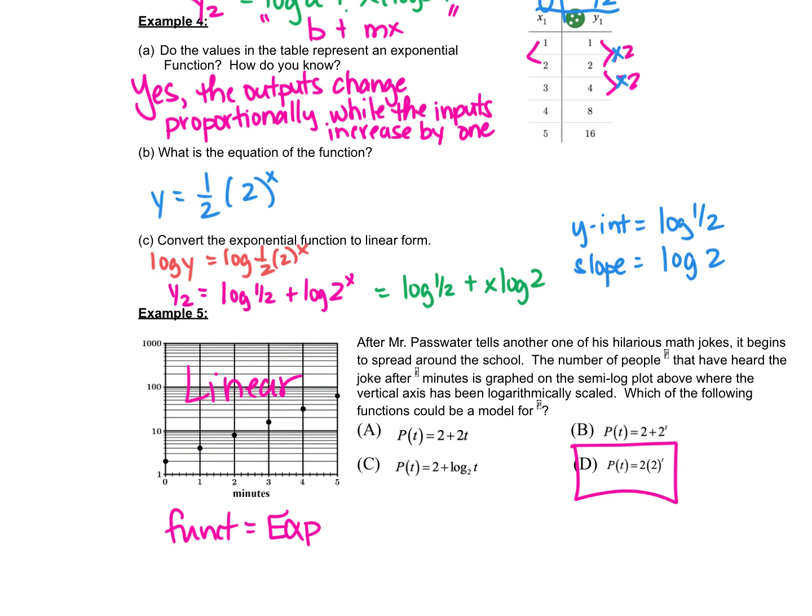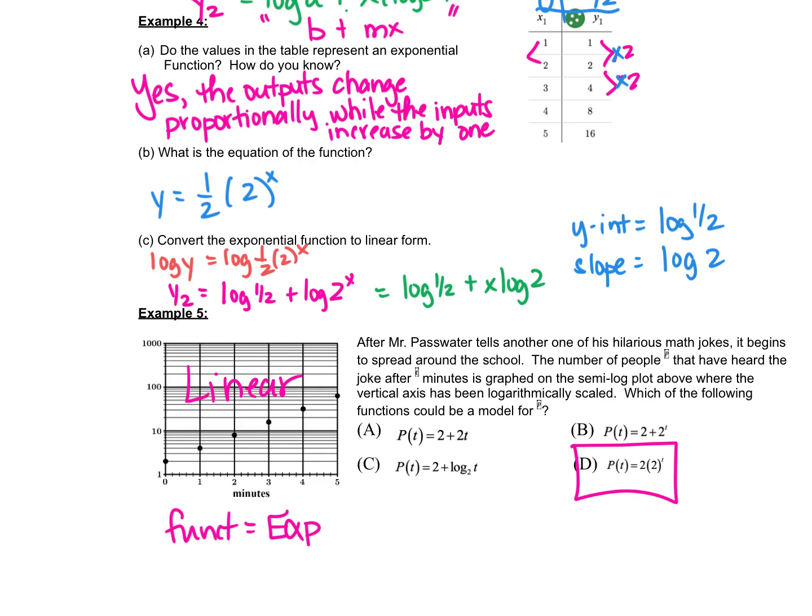All right, question on that? So if our graph is linear, our function will be exponential. I want you to be able to recognize that.